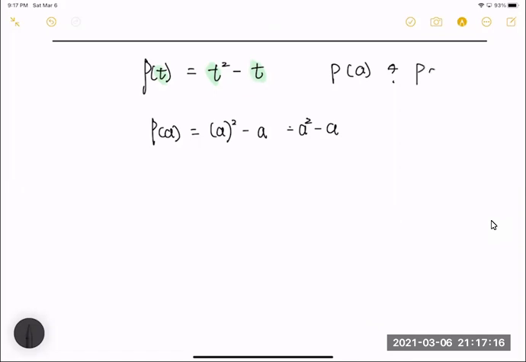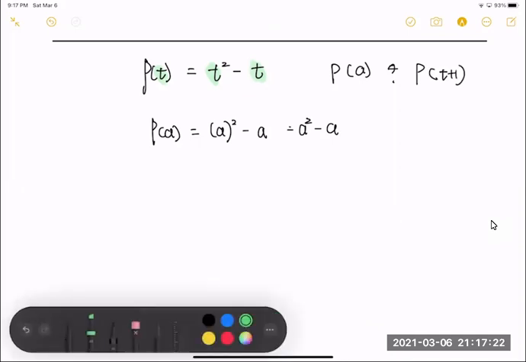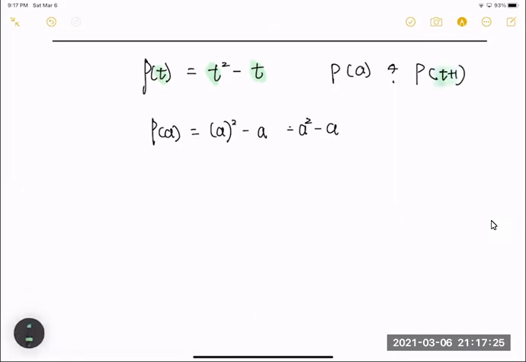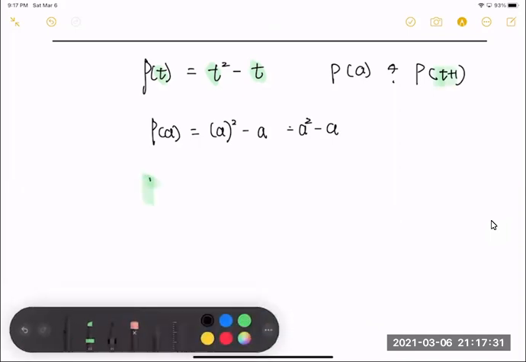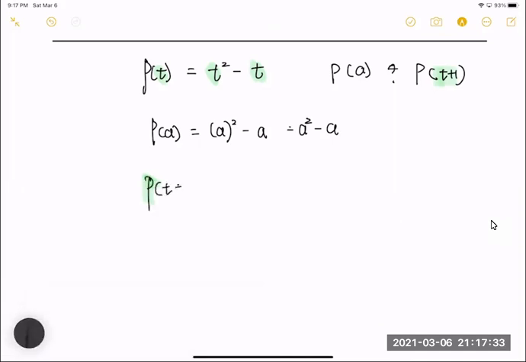What if I ask you p of t plus 1? So that means what? Look, the parentheses is replaced by t plus 1. So everything with t, this part is going to be replaced by t plus 1. This part is also replaced by t plus 1.